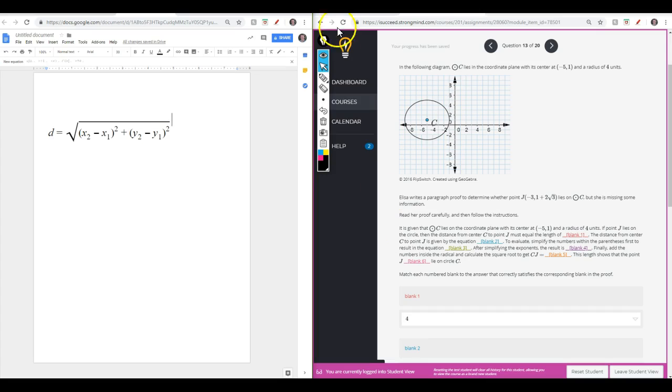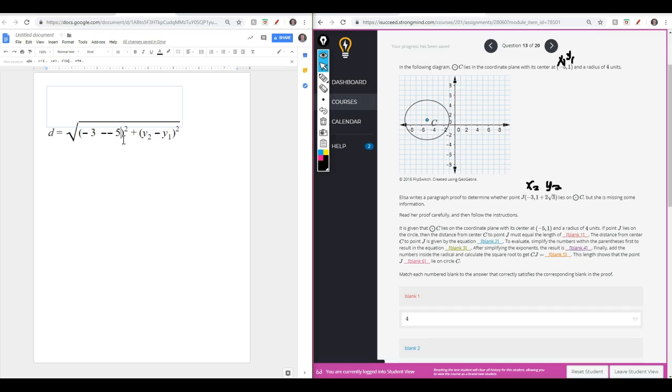So I'm going to say C is our x1, y1, and J is our x2, y2. So I'm looking for an equation. x2 is -3, so I'm looking for -3 minus x1, which is -5. So that's actually going to be minus a -5.